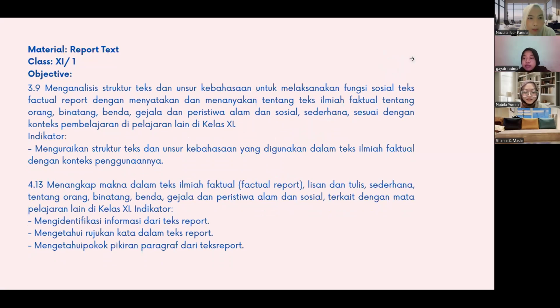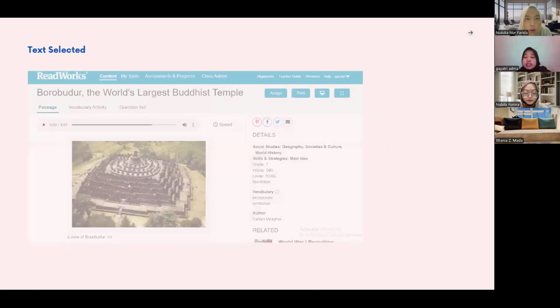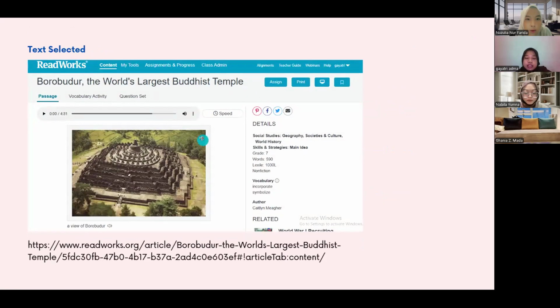Before we assess our students, we know their ability level. So as a teacher, when we want to build their creativity or give students the opportunity to be creative in their writing, we have to give them some exploration.